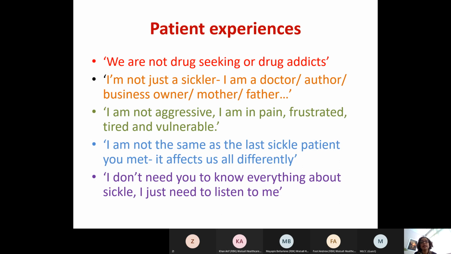So therefore, I can't be nice and quiet and polite because the pain is driving me out of my mind. And sickle cell affects everybody differently." And the patients say, you don't have to know everything about sickle cell disease, but just listen to me and listen to what I need for when I come to ED.